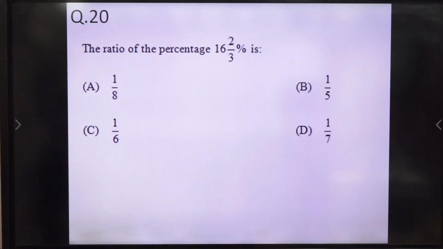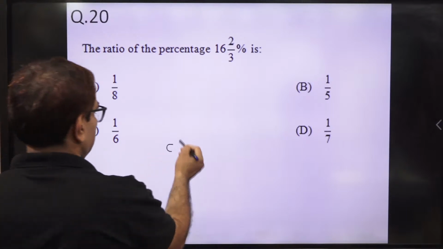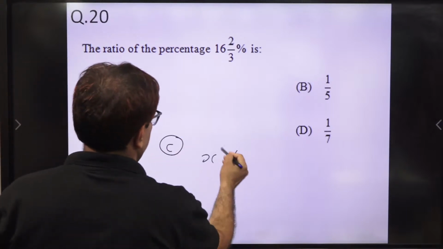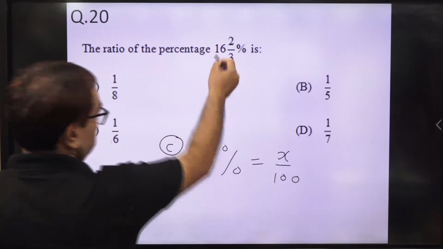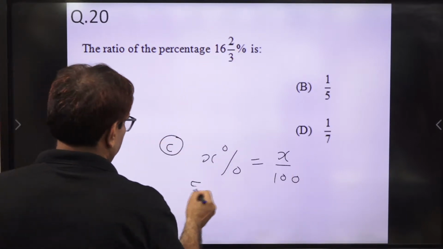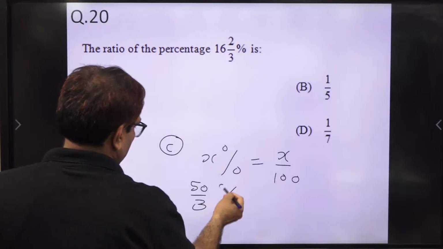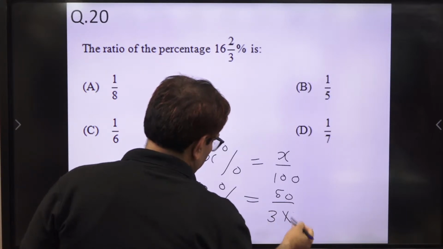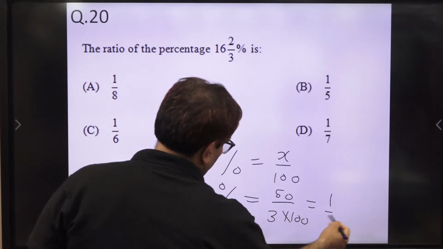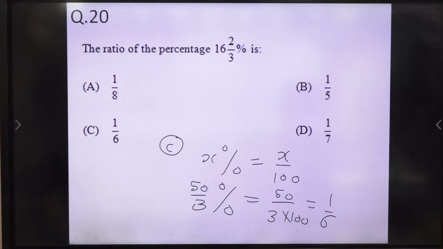All of you getting this 1 by 6? Very good. C is the right answer. X percent is equal to X upon 100. So this is 50 upon 3%, so this will be equal to 50 upon 3 over 100 in the denominator, which is equal to 1 upon 6. Or we can say 1 ratio 6.